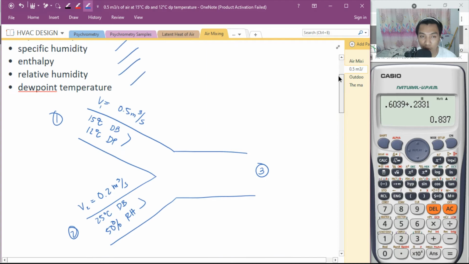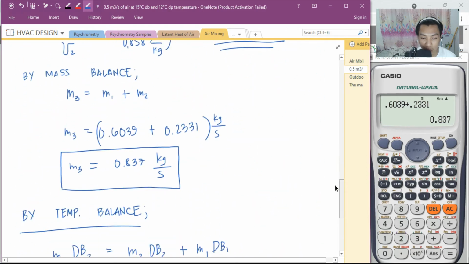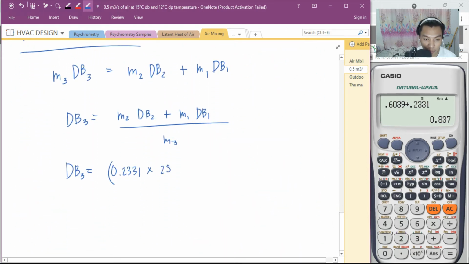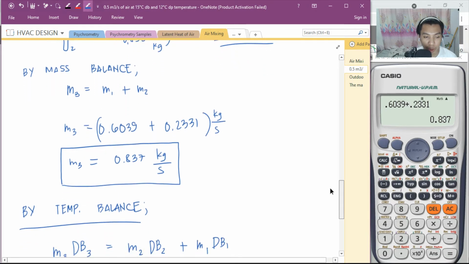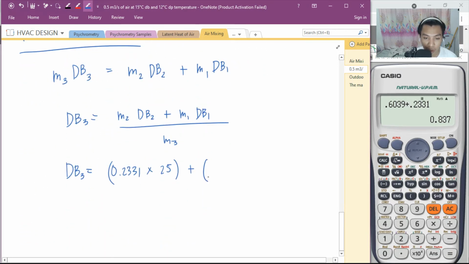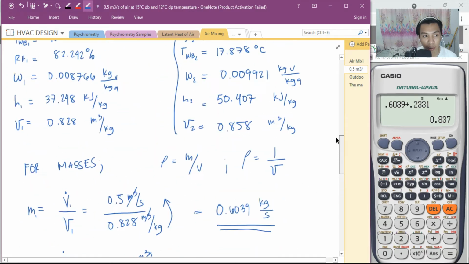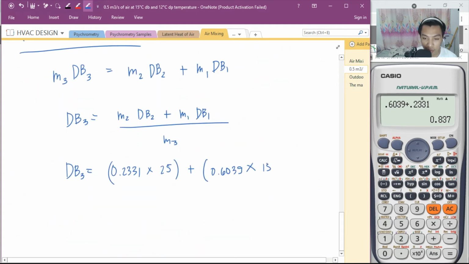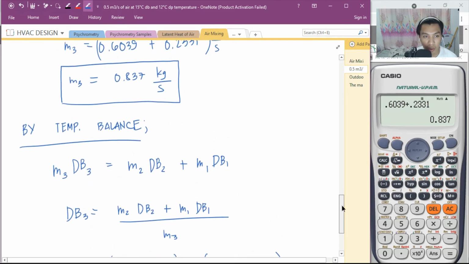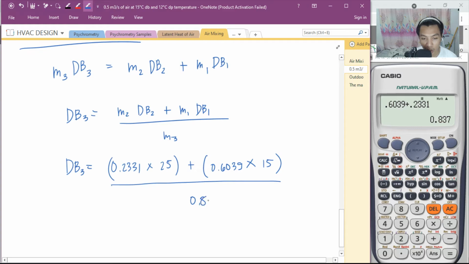Okay, dry bulb 2, 25 degrees Celsius, plus M1. What is M1? M1 is 0.6039 multiplied to dry bulb 1. Asan yung dry bulb 1? Ayun, 15. Over M3 is 0.837. Ang matitira is degree Celsius.